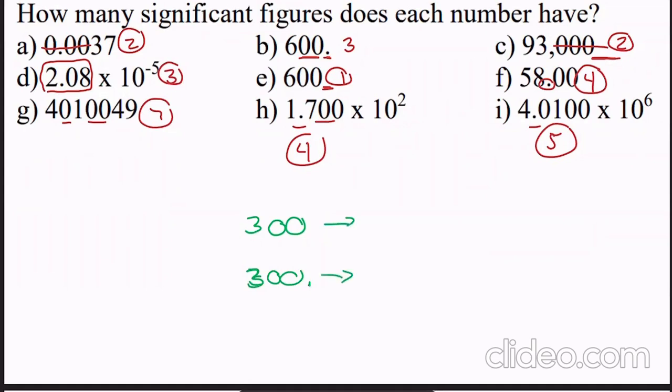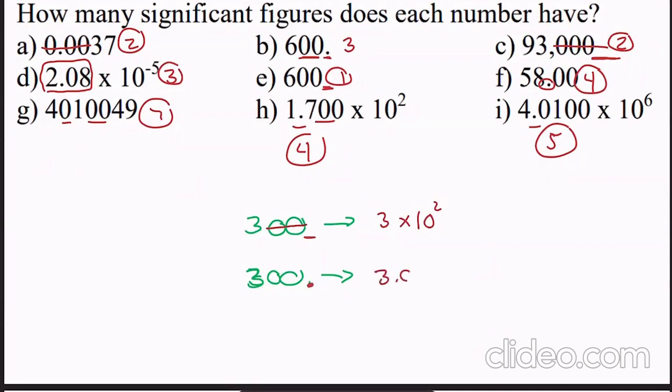When you convert from decimal notation to scientific notation, you want to keep the significant figures the same. In this top value here, because there's no decimal point, I don't have to include these zeros, and I'm simply going to write 3 times 10 to the 2. I see this decimal point here.